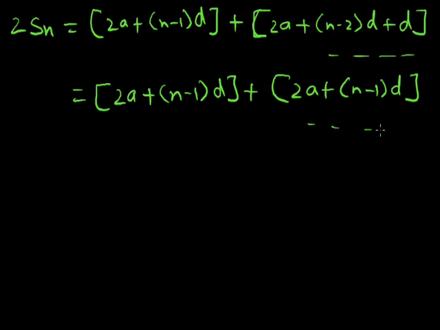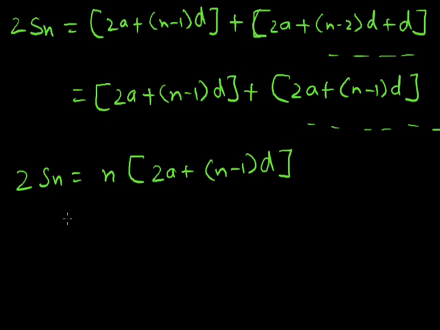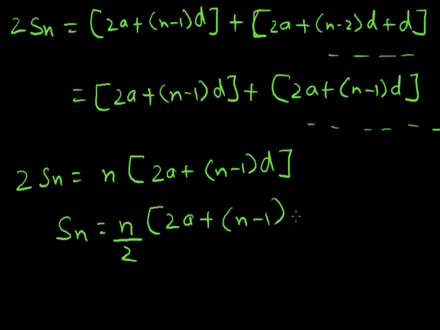So the same term will come up to the n terms. So finally, twice of Sn is equal to n into (2a plus (n minus 1) d), which is repeated n times. So it becomes n into (2a plus (n minus 1) into d). So the sum of n terms will become n by 2 into (2a plus (n minus 1) into d).